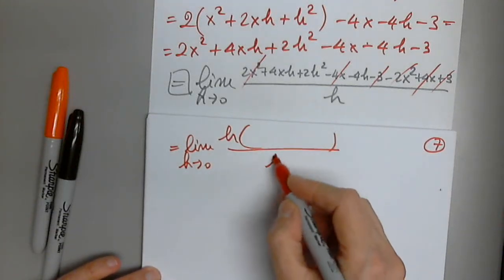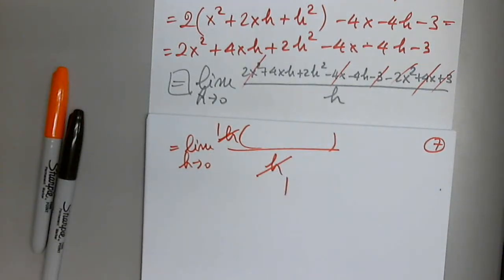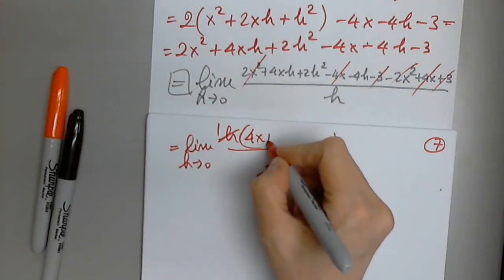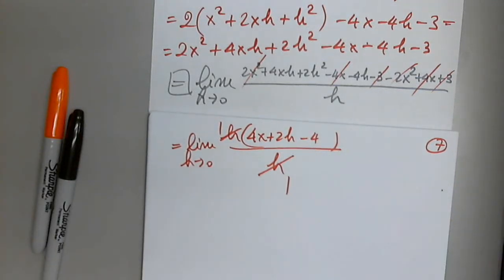So what is left in parentheses? Because this enables us to eliminate h. From the first term, 4x. From the second term, 2h. From the last term, -4. So 4x plus 2h minus 4. I'm sure you, Brian, remember all this from the previous class.